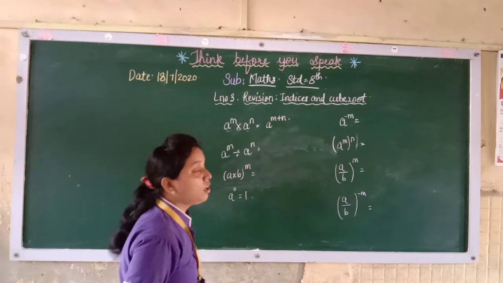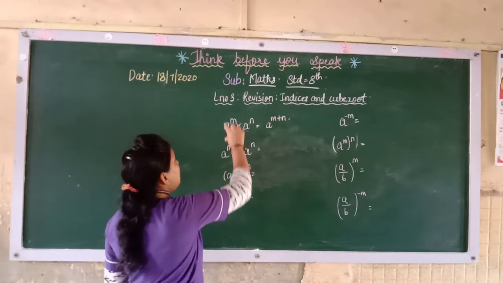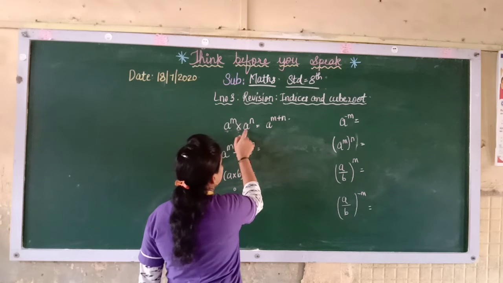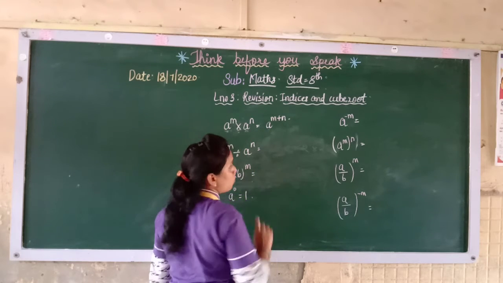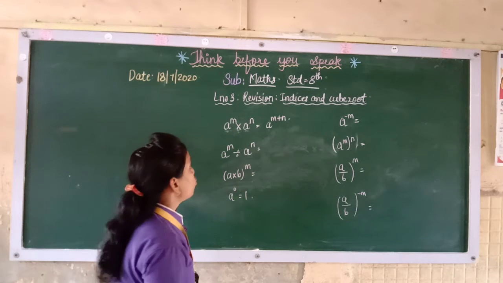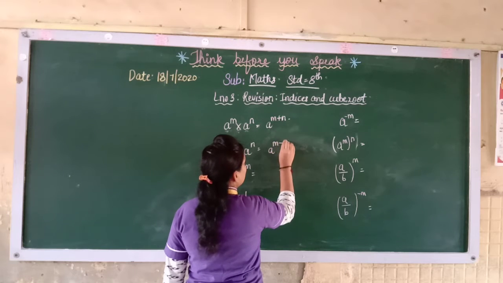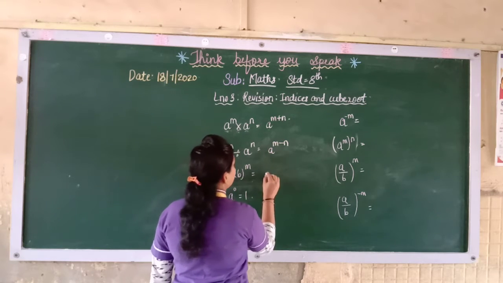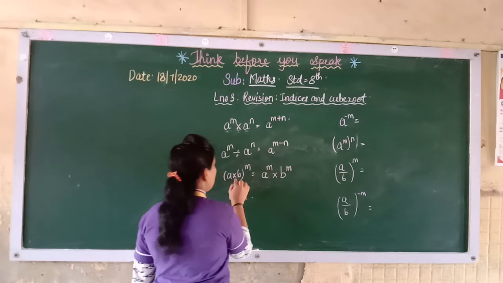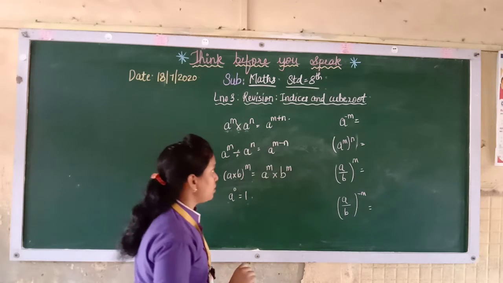So always remember, whenever there is a multiplication between the index form of numbers, here this is the base, a is a common number, so you have to take just one a because it is common, and on the upper side you have to add the numbers. So that will be a raised to m plus n. In case of division, you have to subtract. Here it will be a raised to m minus n. For the bracket, this m you have to give to both of them because it is a whole bracket. Anything raised to 0 is 1, always remember that.